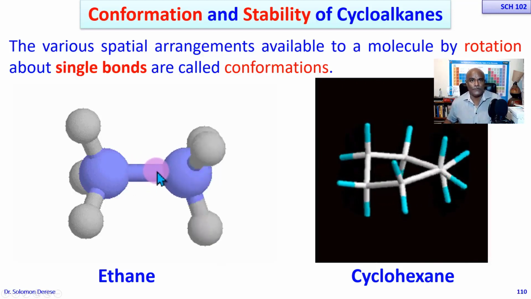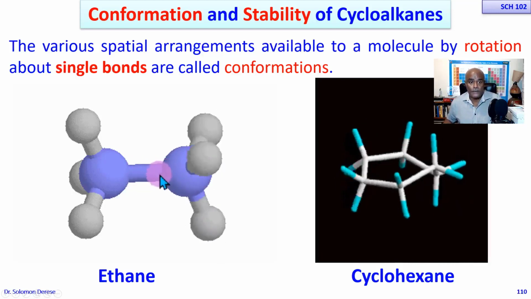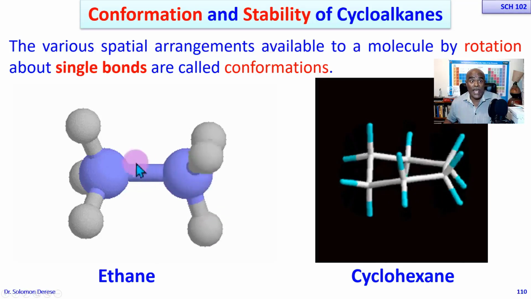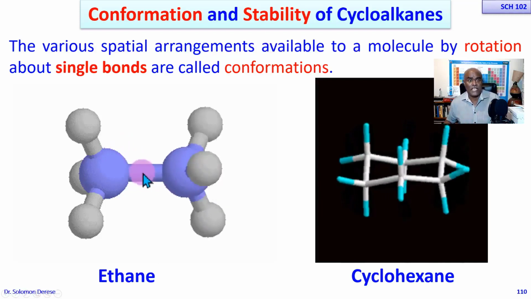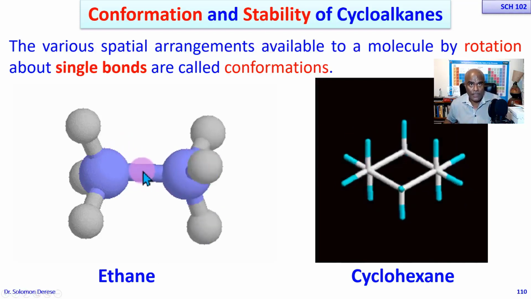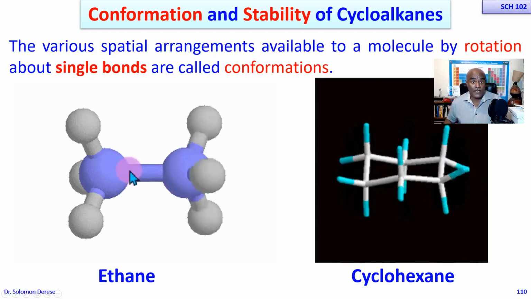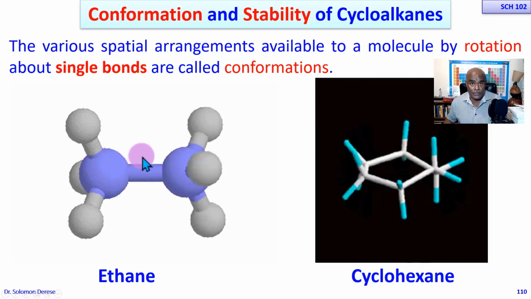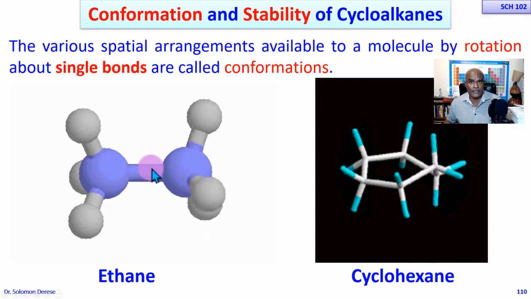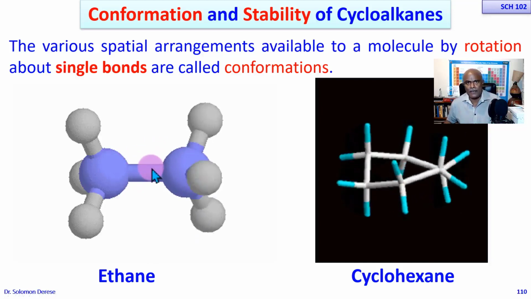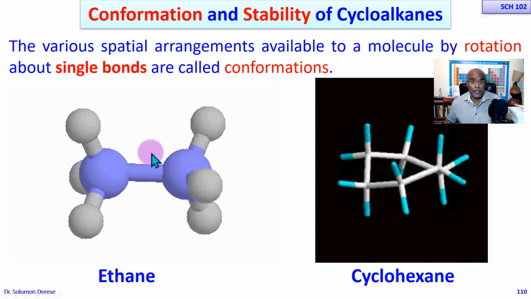As a result of these rotations, these molecules adopt different conformations, different structures. And these different structures have different degrees of stability. Some are less stable, others are very stable.